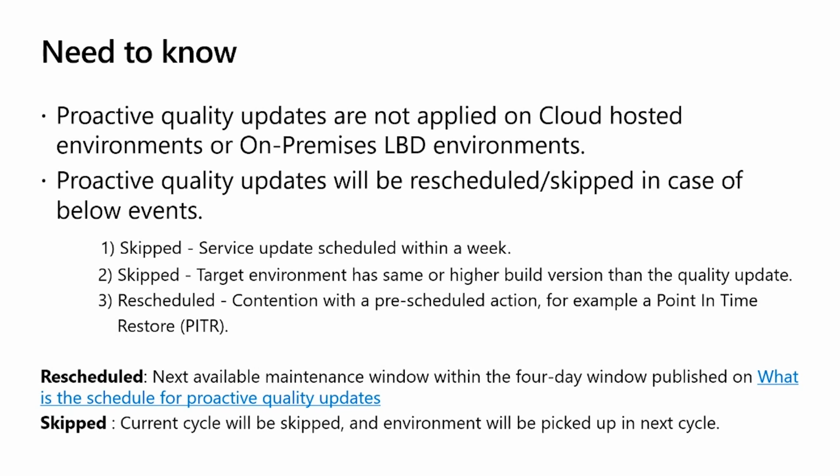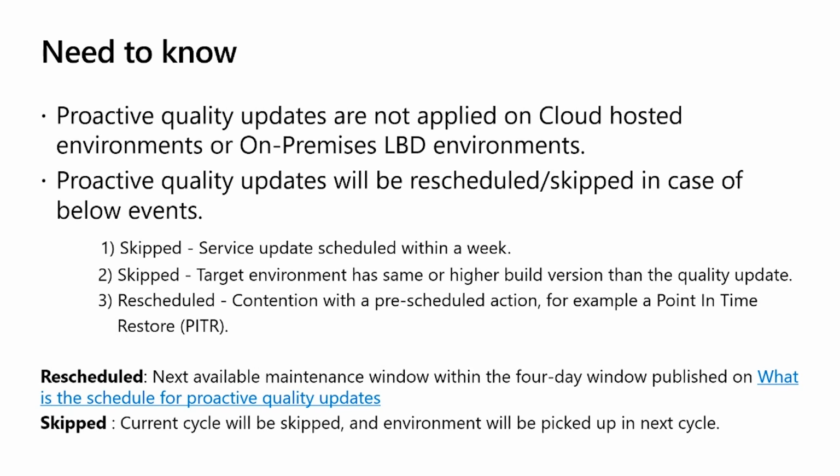And one common scenario can be that we sent an email this week to your environment that we'll be applying a proactive quality update next week, or we specify a window to you, but by that time you already found a bug where you want to take quality updates and do not want to wait for proactive quality updates pushed by us.